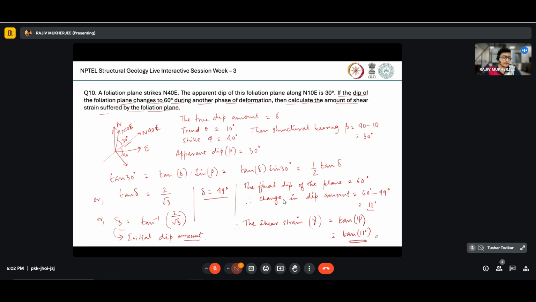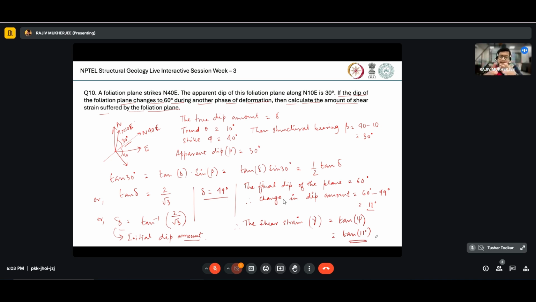Okay, so this was all about the third week's discussion session. To summarize, in this discussion session we learned about one-dimensional strain analysis, we learned about Ramsay's method, we talked about Hussein's method and their difference, and then we talked about the Rf/phi method, the process of calculating it and how we can apply it to practical measurements.